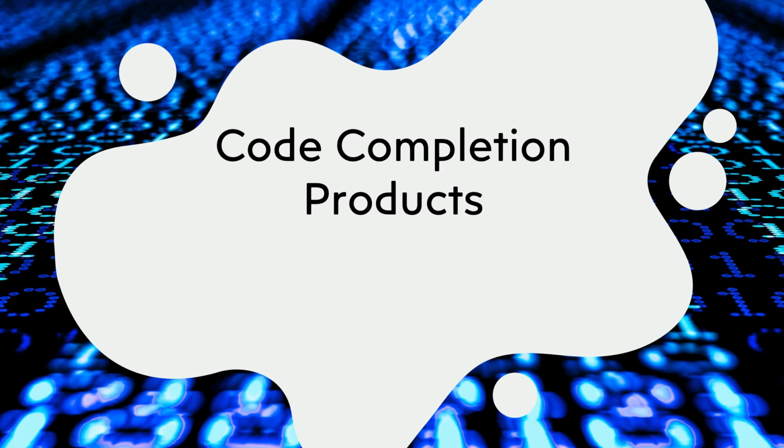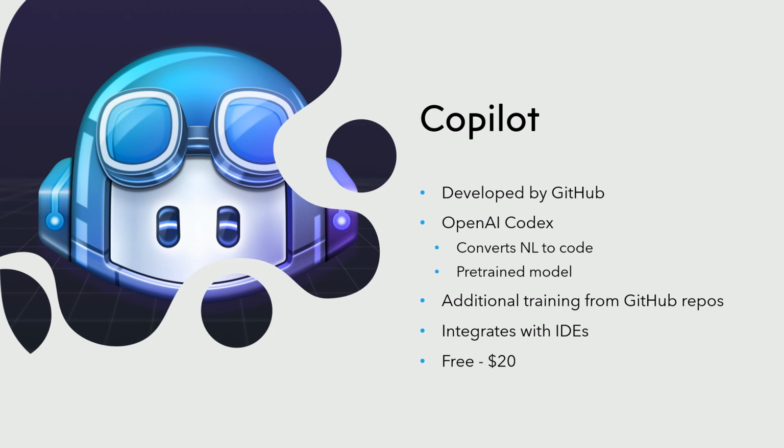So now I want to move into two popular code completion products. One is Copilot and one is Tabnine, and I'll get into some more details in the next couple of slides. Copilot is an AI completion solution that was developed by GitHub. The developers at GitHub used OpenAI's Codex to create Copilot.